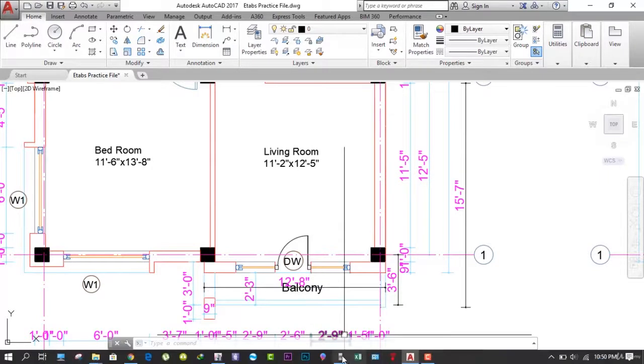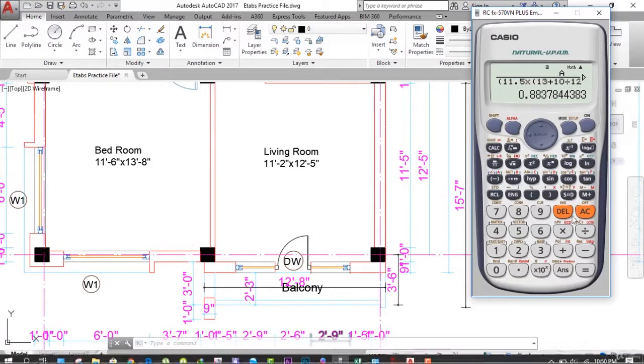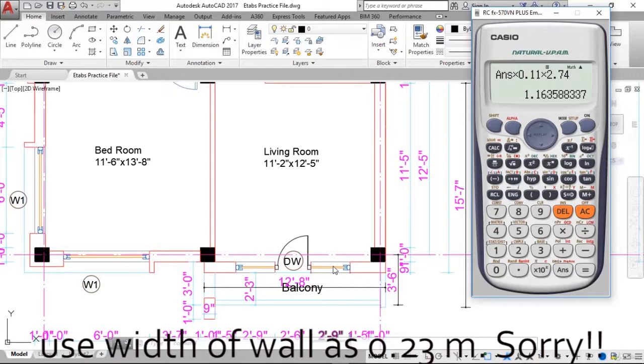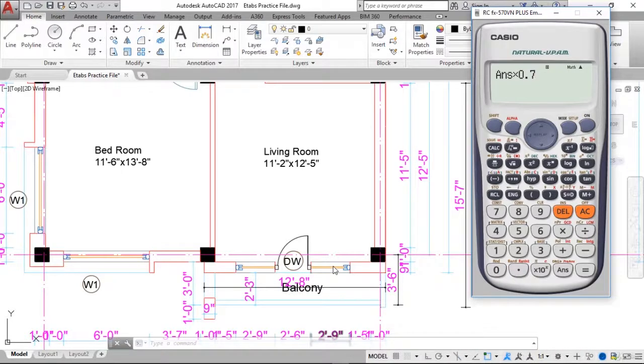So now we go to our calculator and we first find the total load due to this wall. So 12 feet and 8 inches, so 12 plus 8 divided by 12. We divide it by 3.281, we multiply it with 0.11 into 2.74, so this is the volume of this wall, into 0.7 into 19.2, so we get the load due to this wall, right?